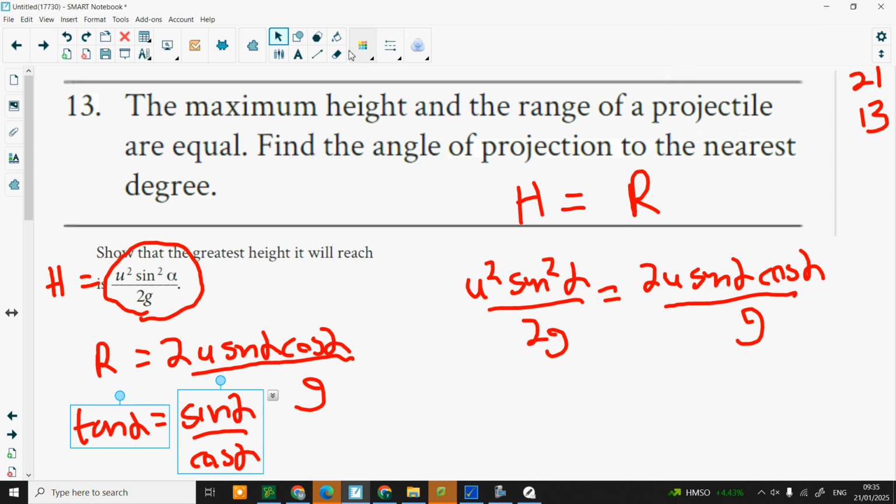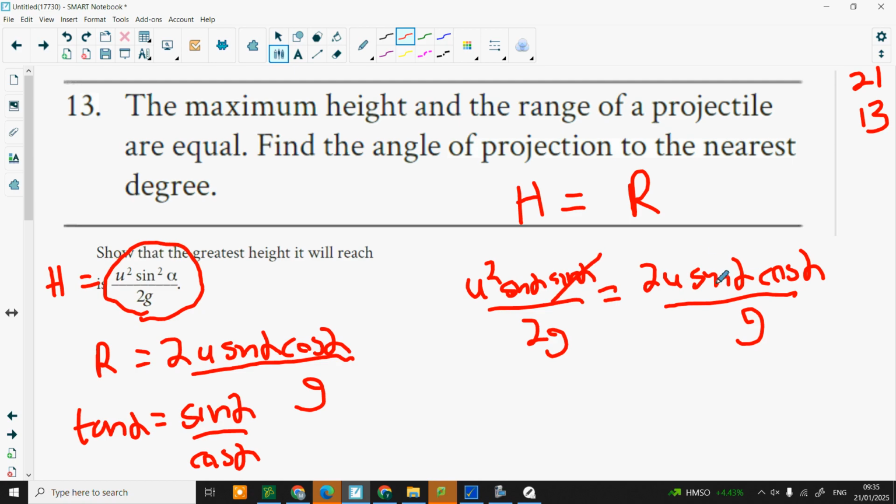Okay. Ever see the sine squared alpha? That sine squared alpha basically means sine alpha, sine alpha. And cancel that with that. Oh sorry, my formula was wrong. That's 2u squared. My bad. The u squared cancel. Okay, sorry. So the u squareds will cancel. And the g's will cancel.